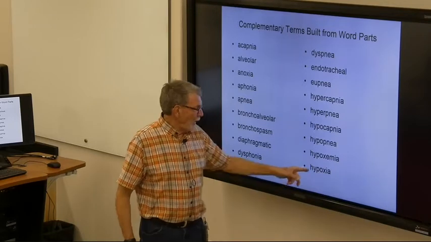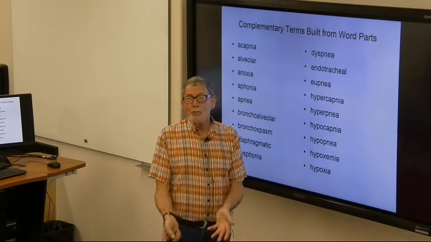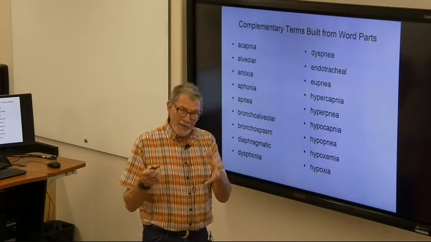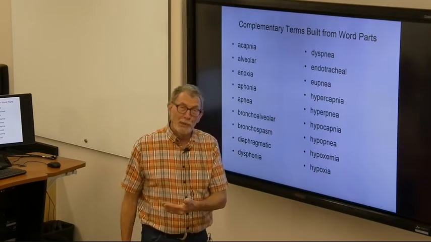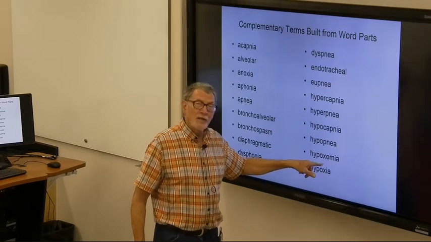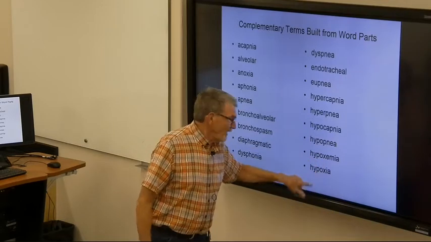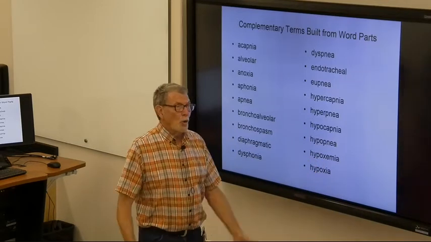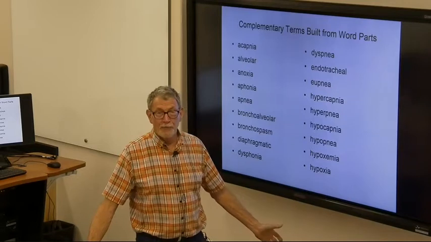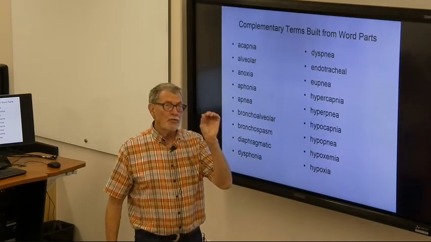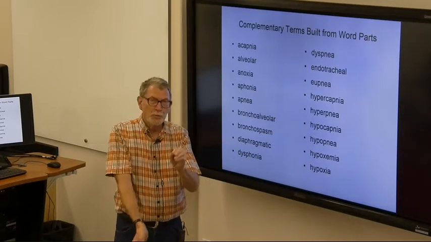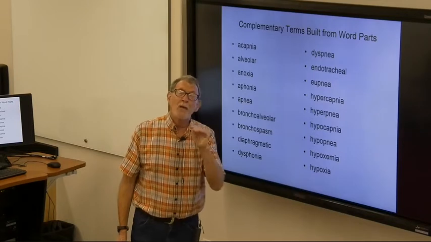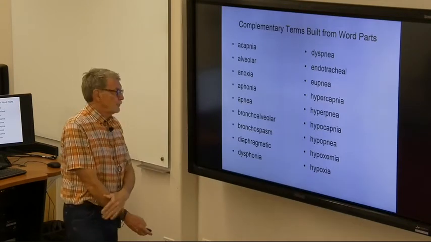Hypoxia, it could be in the blood, but it could be in the tissue. You might have a tissue that's not getting enough blood. So there's plenty of oxygen in the blood, but it's not getting to the tissue. So hypoxia means just not enough oxygen. Hypoxemia, specifically your arterial blood gases show your oxygen level in the blood is low.